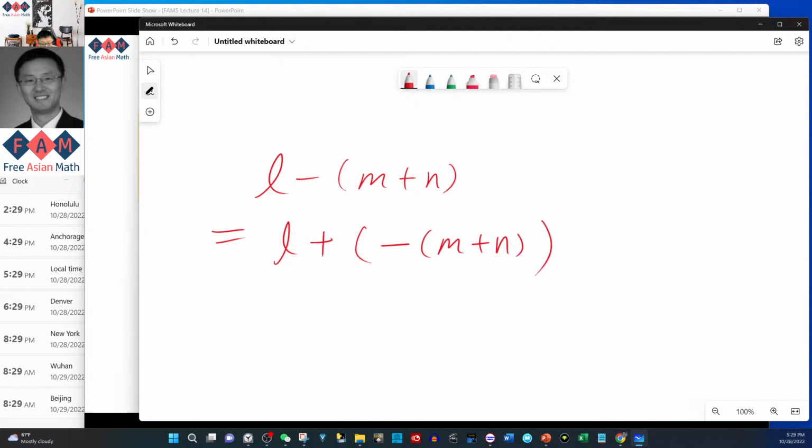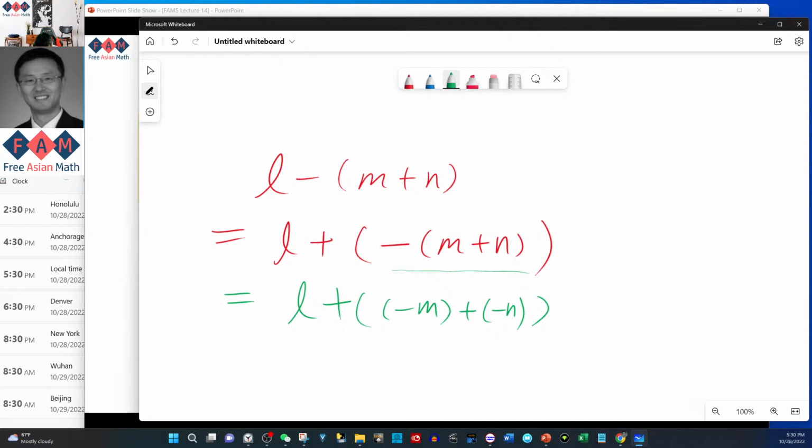We're subtracting whatever came out of this parenthesis, which is the same as adding the negation of whatever comes out of the parenthesis. This is what we proved last time. What we proved today is that at this point, you can put it into the negation of M plus the negation of N. That's what we did today, right? The negation of a sum is the sum of the negations.